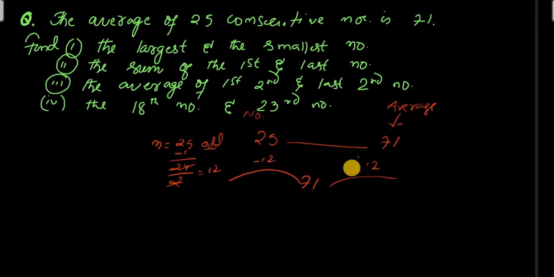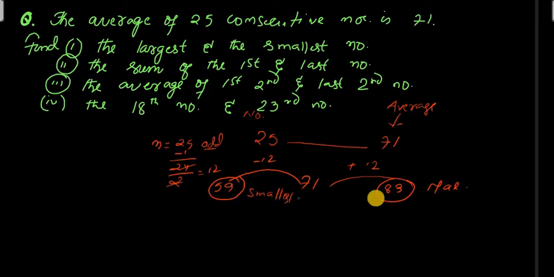So 71 plus 12 gives 83, which is the maximum number. Subtracting 12 from 71 gives 59, which is the smallest number.